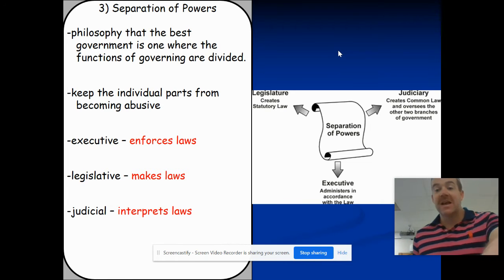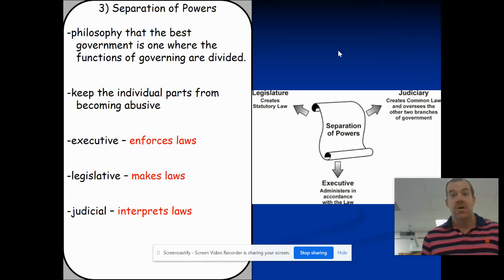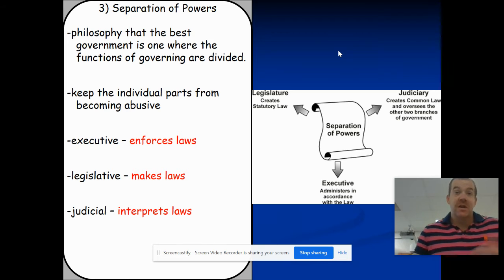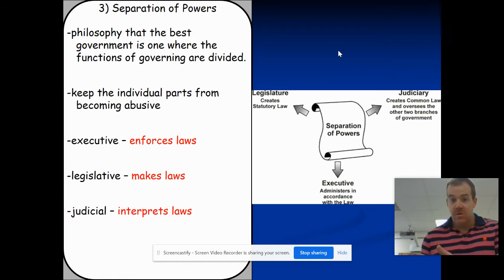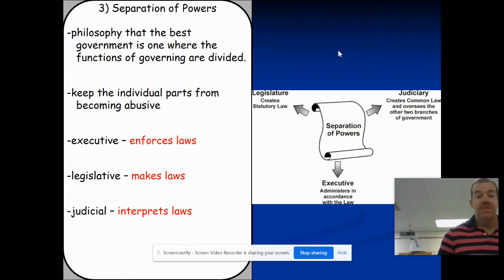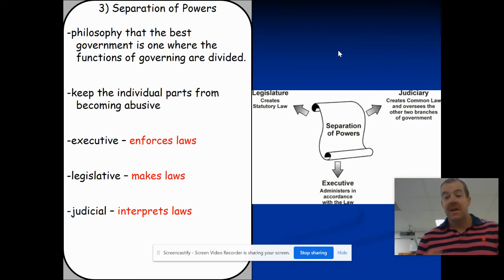Think of it: the executive branch is the president. She enforces the law. The legislative branch makes the law. They write the laws, right? And then the judicial branch will look at it and review the law, and they can declare it unconstitutional. So I always think of the executive as the rock in paper, rock, scissors.